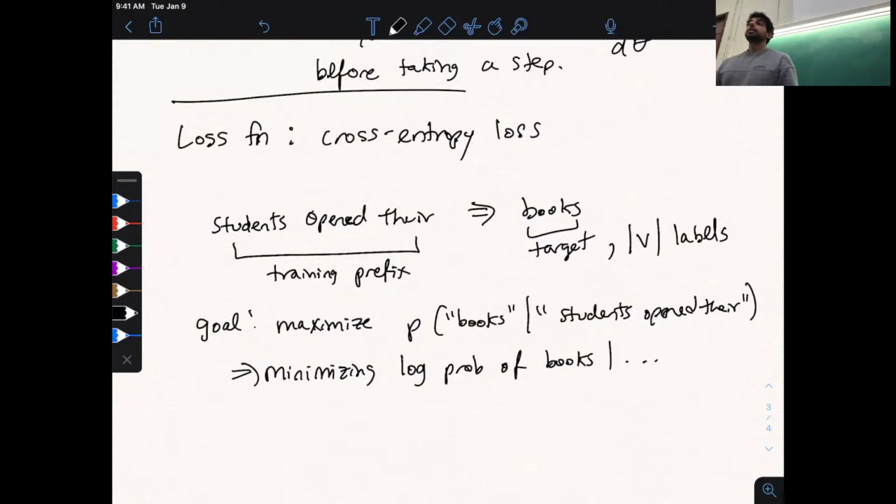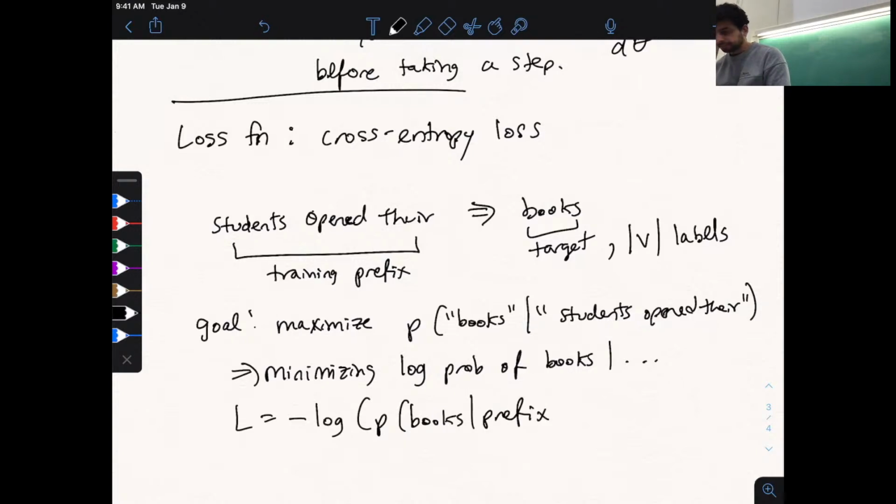So our loss function that we use in language modeling is literally just the negative log probability of the ground truth next word. So our loss is negative log of P of books given the prefix.